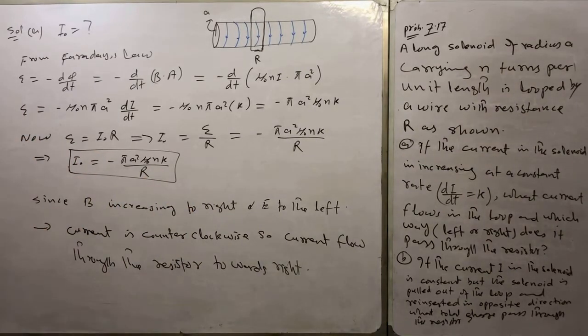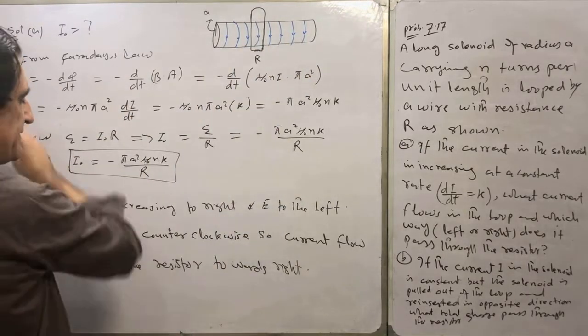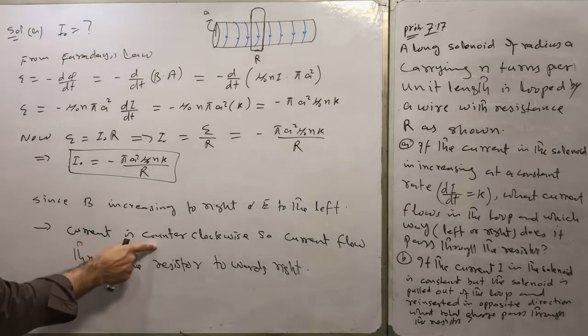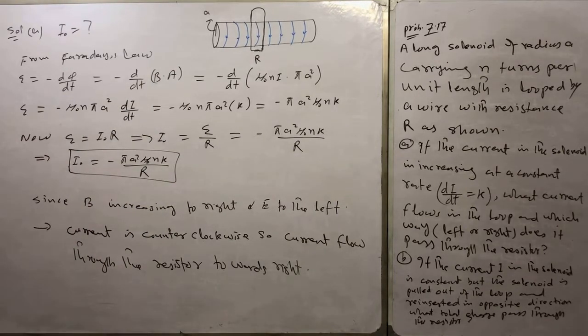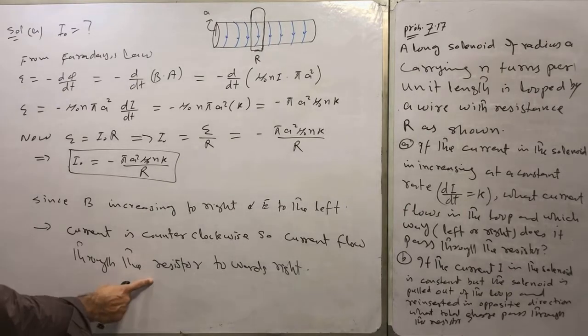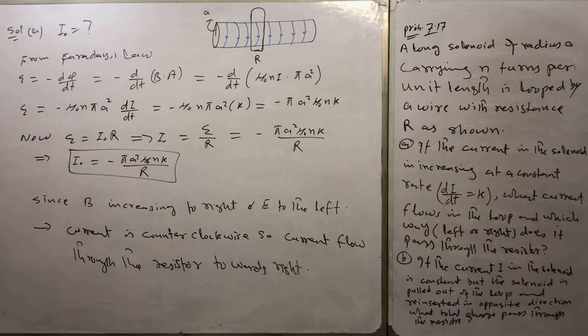Since B is increasing to the right and E to the left, the current is in the counterclockwise direction. So current flows through the resistance towards the right. The current will flow in the right direction.